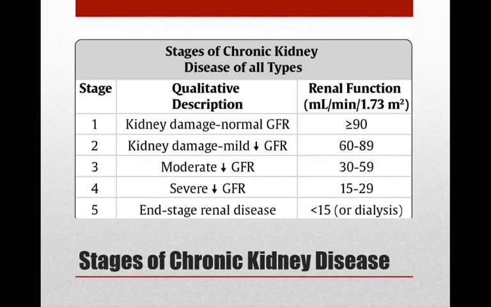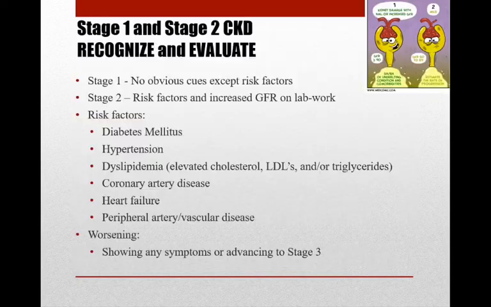A lot of times kidney disease has been happening for decades, non-staged, pre-staged, before we even start to see renal function decrease. Once we hit that glomerular filtration rate less than 90, we're down to a very small remaining amount of one kidney. And then from there, it progresses through the stages until you have no kidney function left.